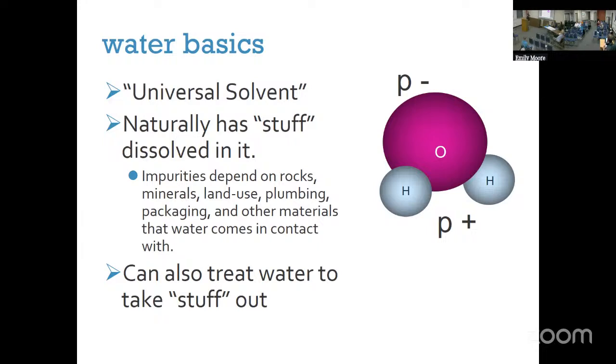So if I say Flint, Michigan, what do people think of? Lead. So that's a pretty tragic example of how the municipal plumbing system was the source of the lead contamination in that community. That community switched water sources. They did not add the right anti-corrosion agents to that water.